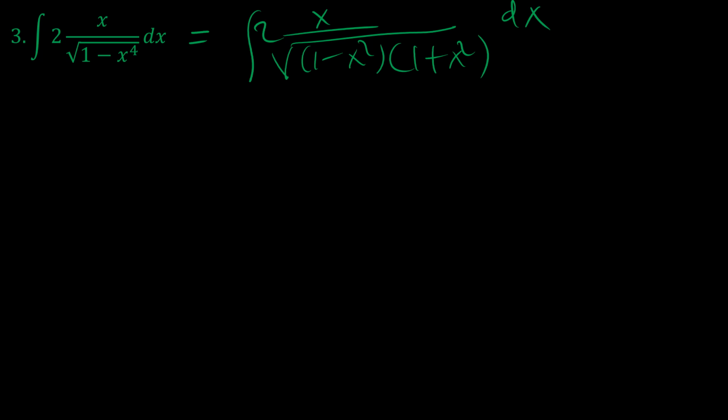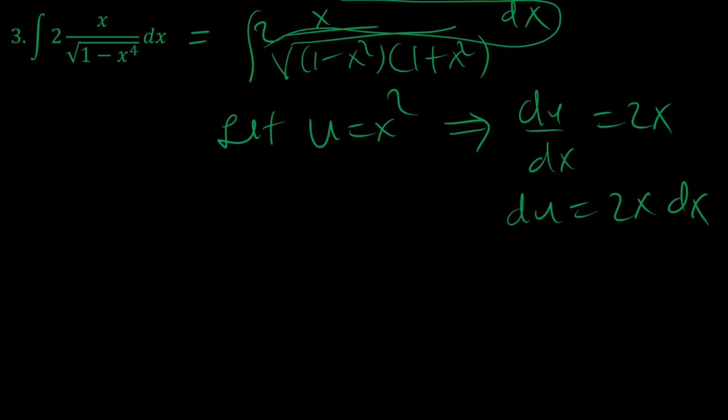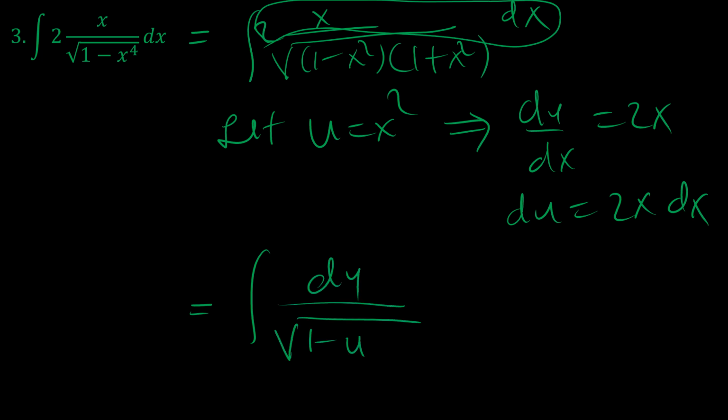And if we say let u be equal to x squared, then that means that du dx is twice x, so du is the same as 2x dx, right? And that's very similar to what we have on top here. So the problem now becomes du over square root of 1 minus u times 1 plus u, right?